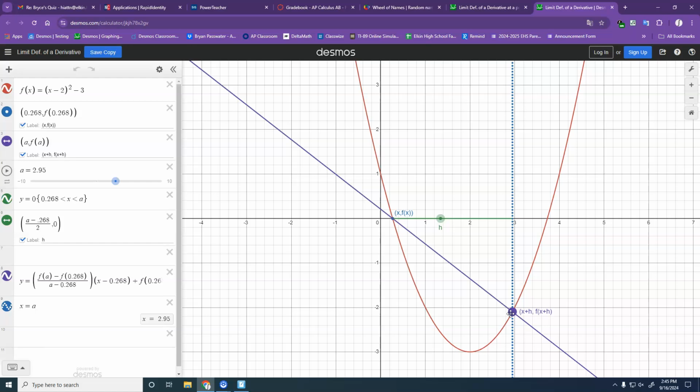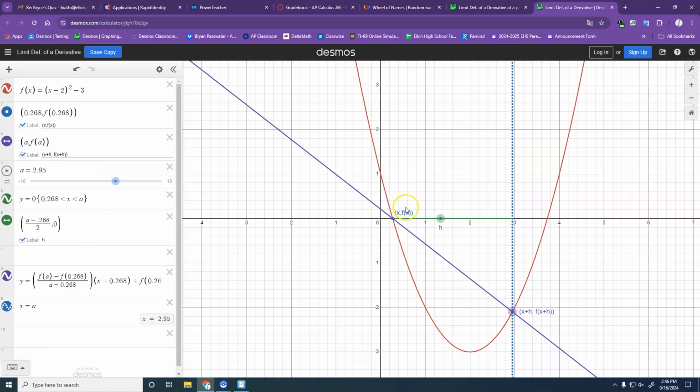I have x, f of x, and then my other point is x plus h, f of x plus h. Okay? That needs a second parentheses there. Inside that. So it's correct.